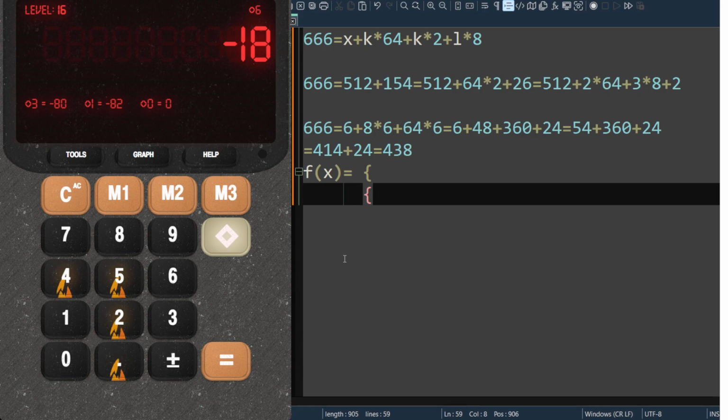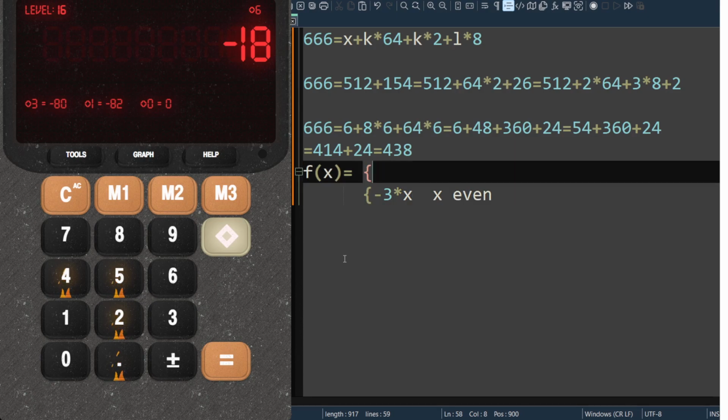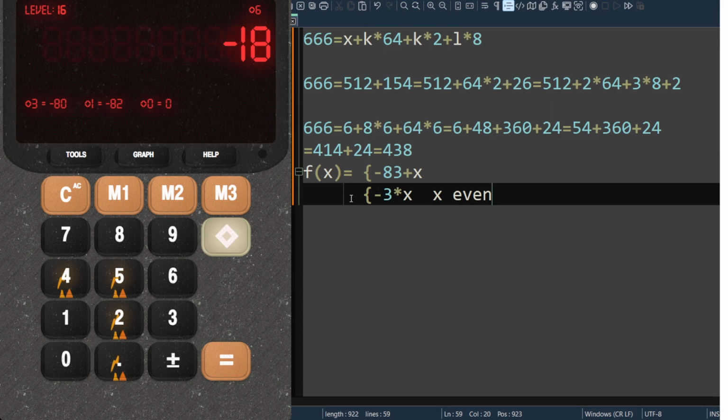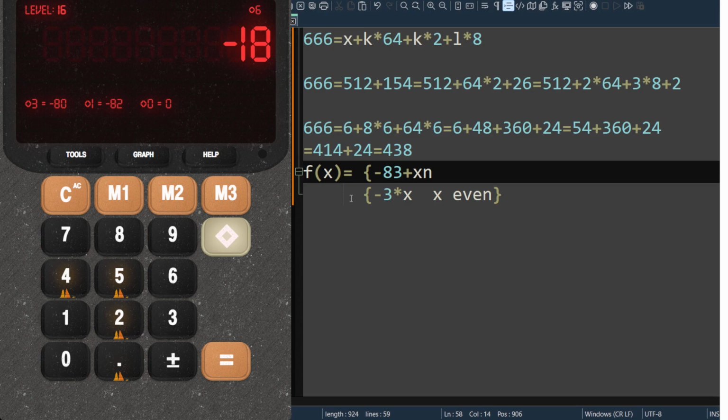If x is even, then we have minus 3 times x, and otherwise we have minus 83 plus x, I think. Alright. This is going to be, I think, a lot easier than the thing we did last time.